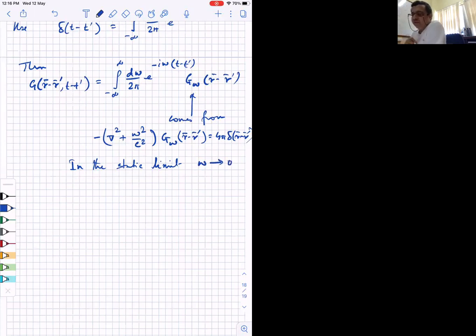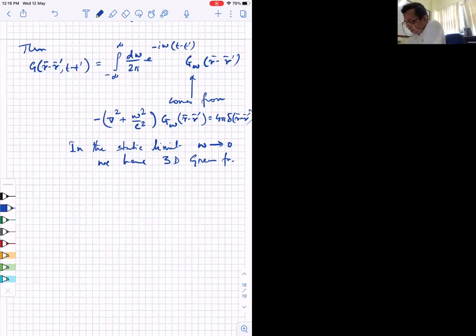This goes to 0, and then what we have is basically the 3D Green's function.